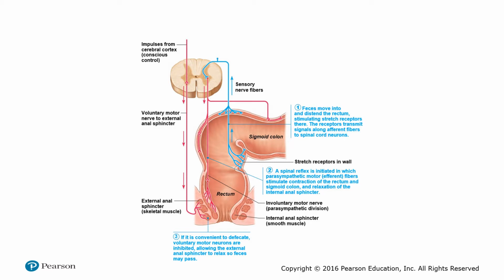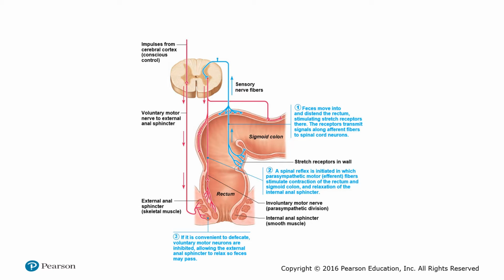We've talked about these already, but let's just go over them again. So feces is moving into the distended rectum, and there's parasympathetic innervation causing activation of the stretch receptors, and then the receptors will transmit signals along the afferent fibers to the spinal cord neurons.